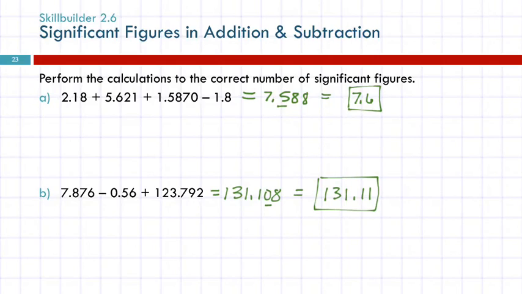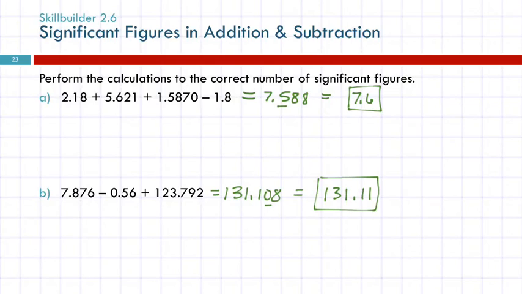Yes. It says perform the calculations to the correct number of significant figures. That means in your result, follow the rules for sig figs. The rule for adding and subtracting is look at the number of decimal places.